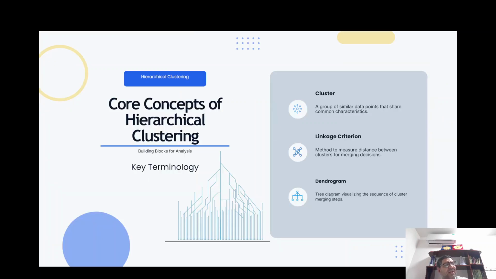Core concepts of hierarchical clustering. What are the core concepts? First of all, a cluster, which we have discussed. This is not the first time, but anyway, we'll throw a little light on this: a group of similar data points that share common characteristics. We have discussed it in quite a detail, so I don't think it needs more explanation.